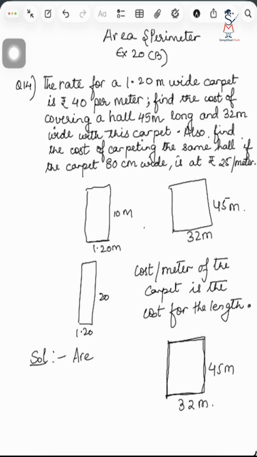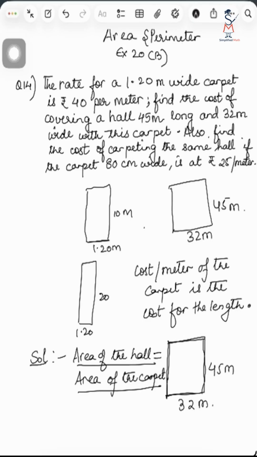That means the area of the hall needs to be the same as the area of the carpet which you are buying. Then only the carpet will cover the whole hall. Therefore, what is the condition? Area of the hall has to be equal to the area of the carpet.